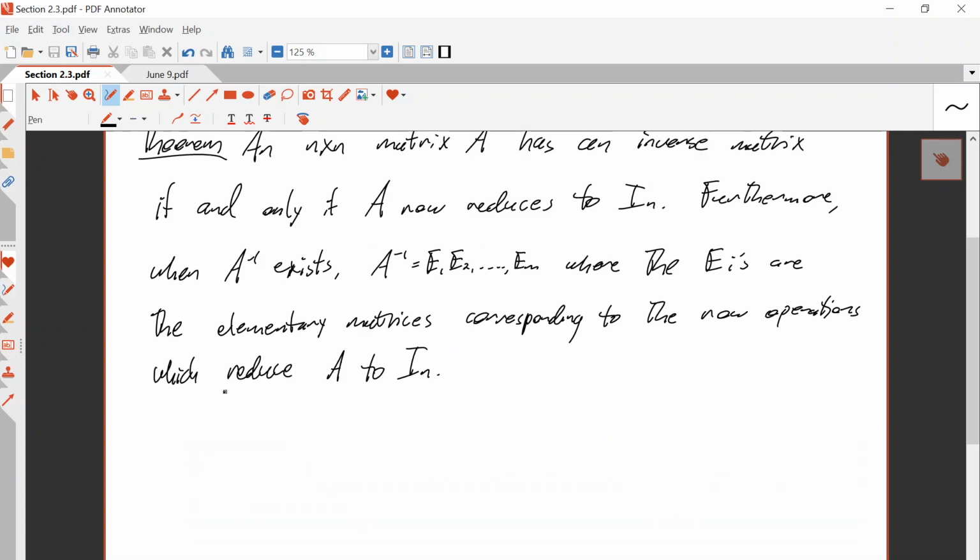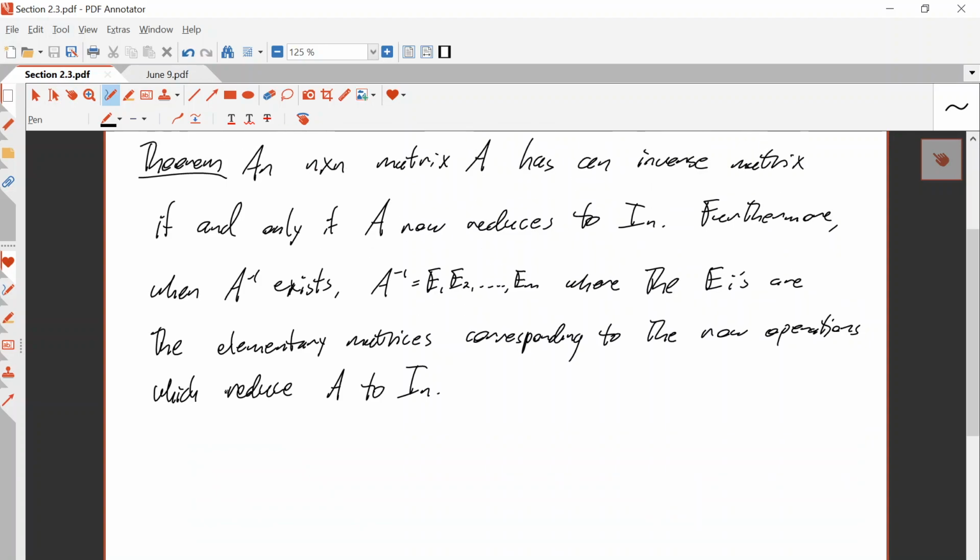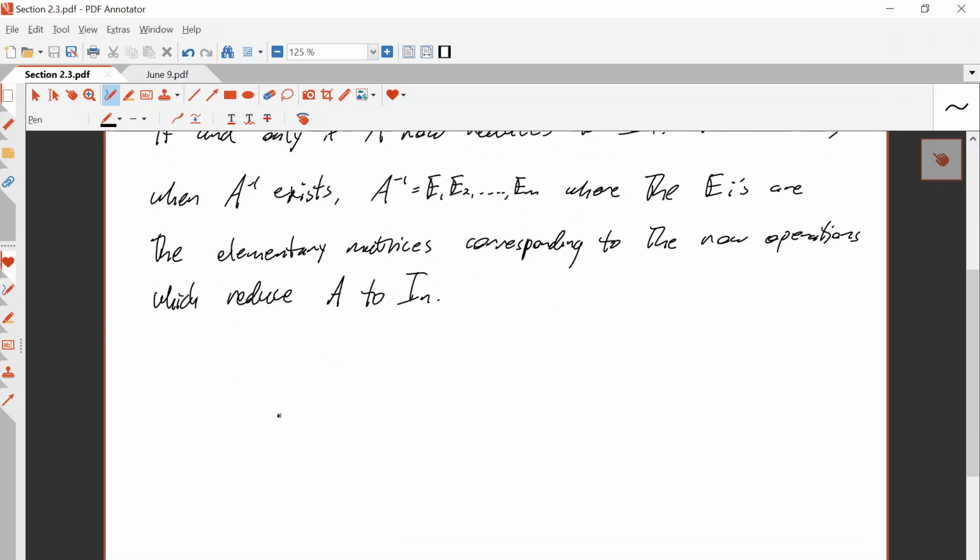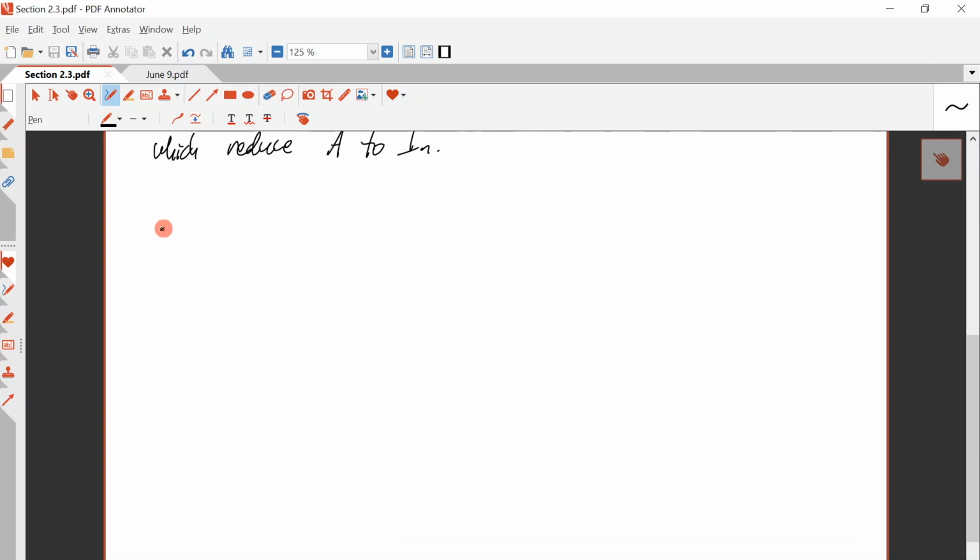Section 2.3 has a much more involved theorem. Section 2.3 is more just a summary of everything we've gone over in chapter 1 and chapter 2, and puts it all into one space. The statement of that theorem is as follows.